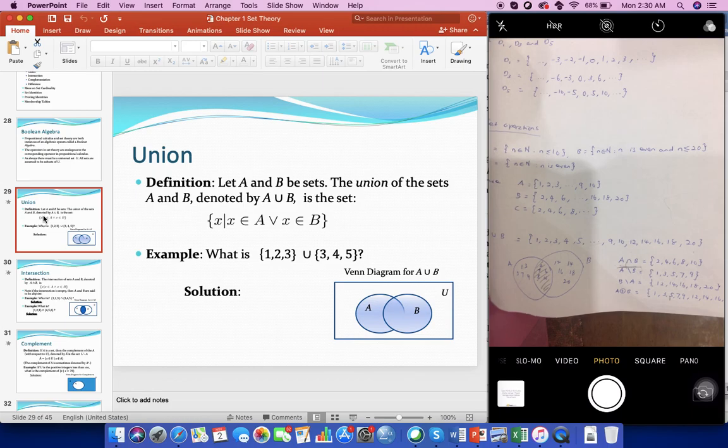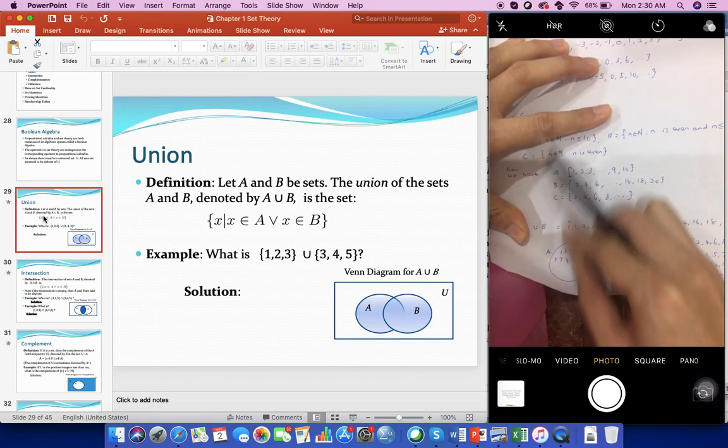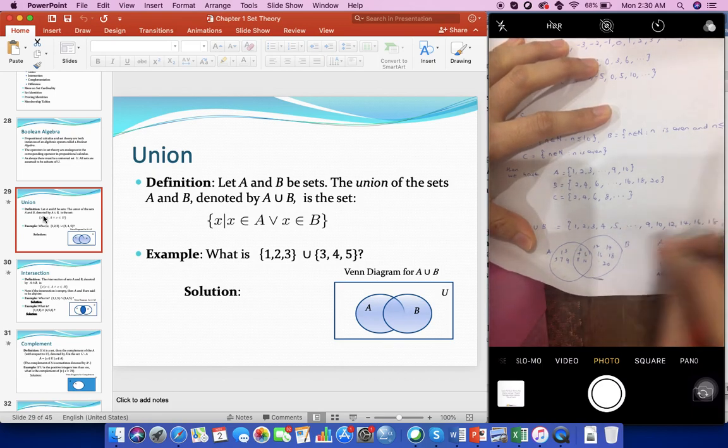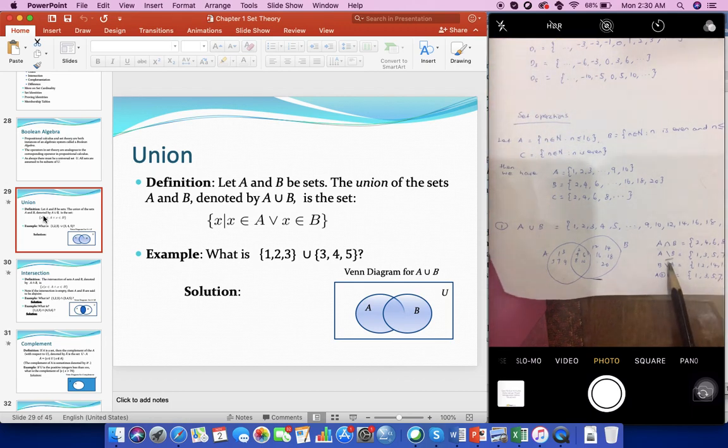And then what is the symbol of this one? Slash. So here the symbol refers to difference.